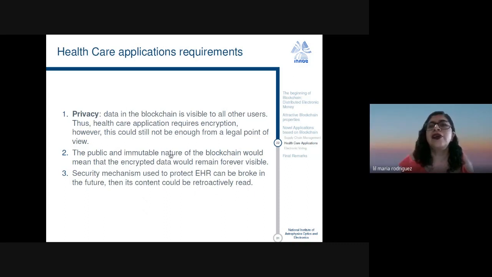So blockchain needs to bring another security service, such as confidentiality, but it's not so easy to choose what to use.